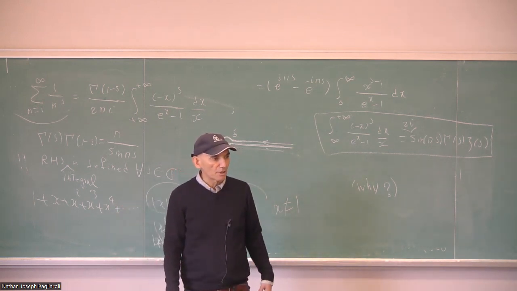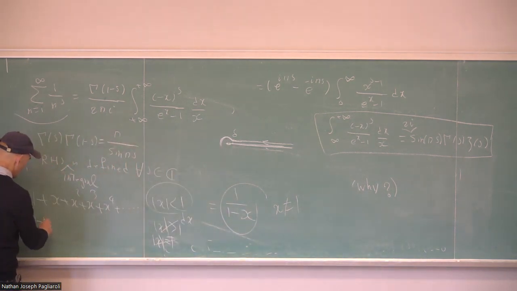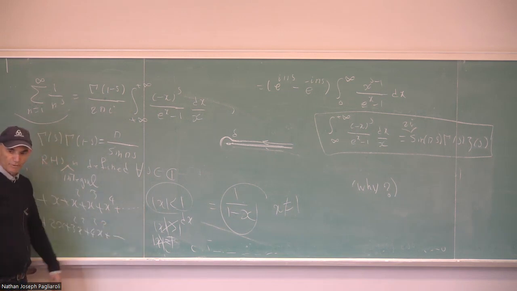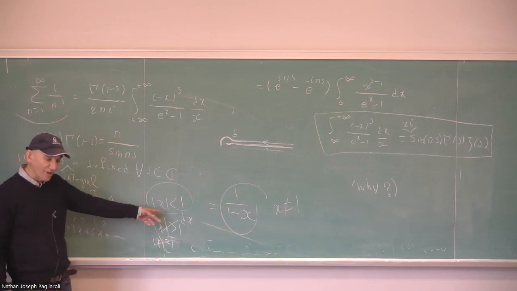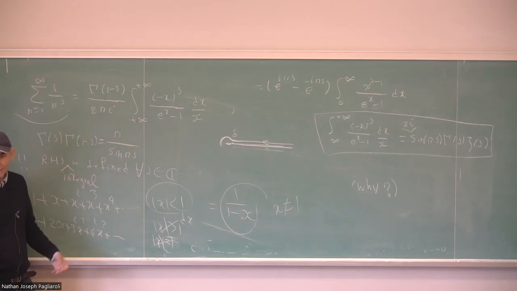So I'm going to test you. Imagine someone puts something like this: 1 plus 2x plus 3 squared x squared plus 4 squared x cubed and so on. You put some coefficients over there, and it's still absolutely convergent for absolute value of x less than 1. Can you tell me if it has analytic continuation or not? No, you can't.